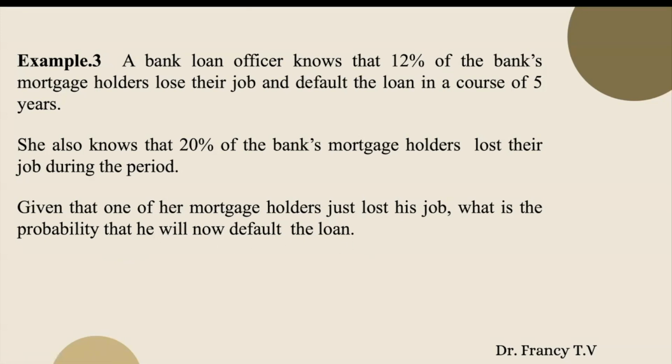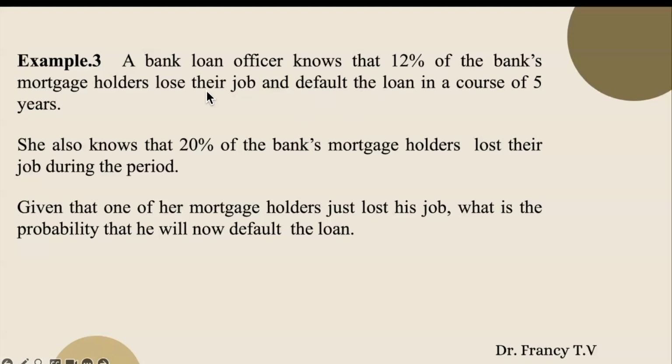Let us analyze this problem. A bank loan officer knows that 12% of the bank's mortgage holders lose their job and default the loan. So two events are there. One is the mortgage holders lose their job. The second one is mortgage holders default the loan.